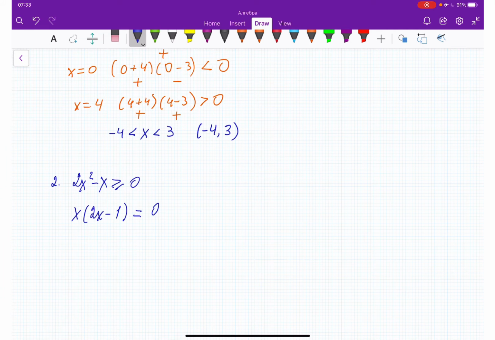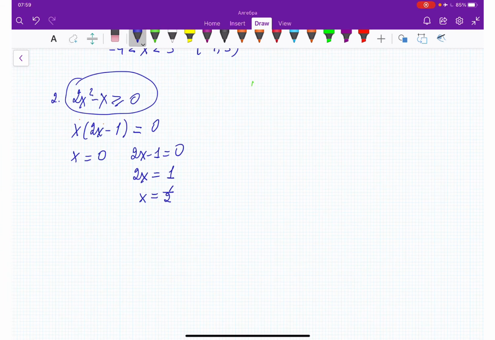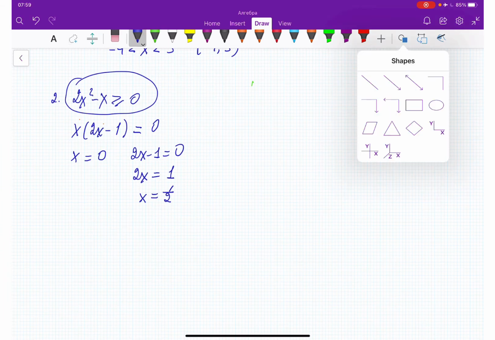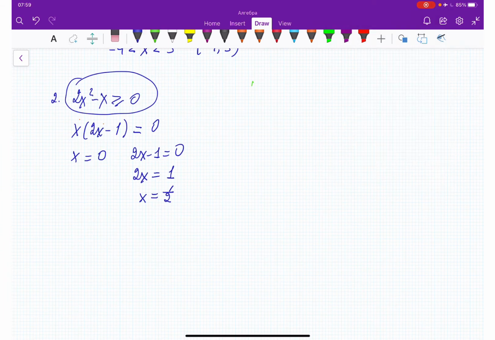So what are we going to get? Either x is equal 0 or 2x minus 1 is equal 0. So from here, 2x is equal 1 and x is equal 1/2. So let's see which interval or range is going to be the solution.